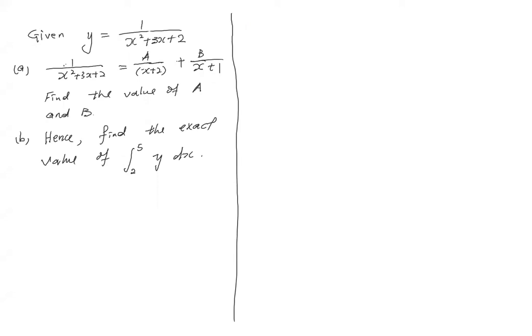Part A, what you need to do is make this one fraction. Okay, I start from the right hand side. So right hand side, I have A times (x plus 1) plus B times (x plus 2) over, sorry, if you don't want, you also can do trial and error, (x plus 2)(x plus 1).